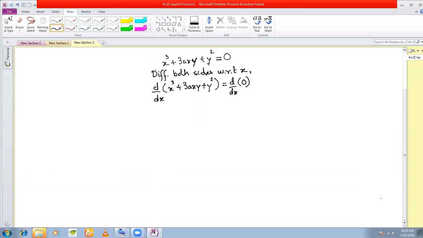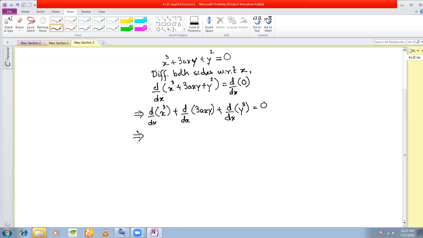Now next step would be d/dx of x cube plus d/dx of 3axy plus d/dx of y square is equal to 0. Correct?